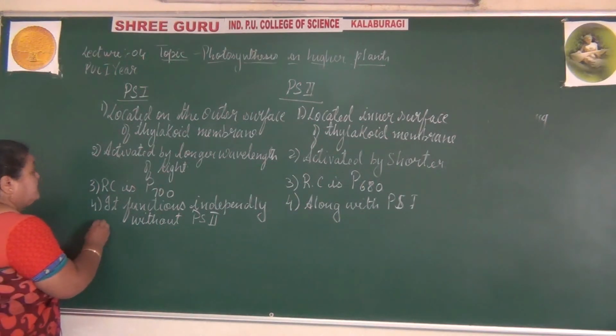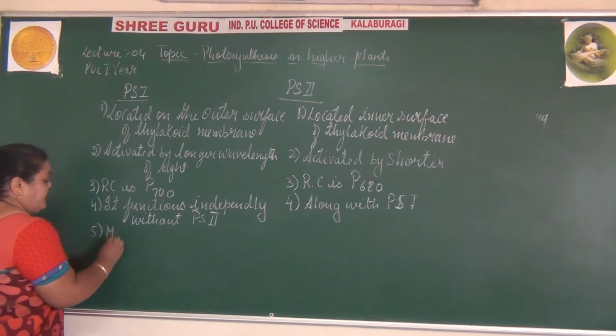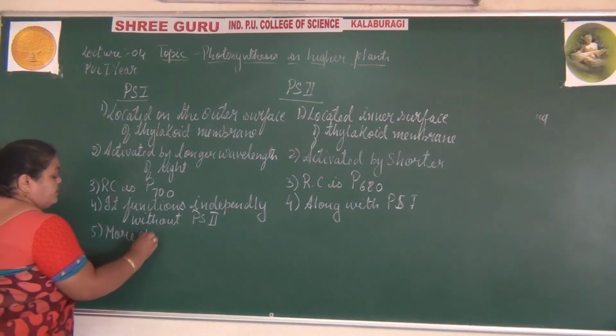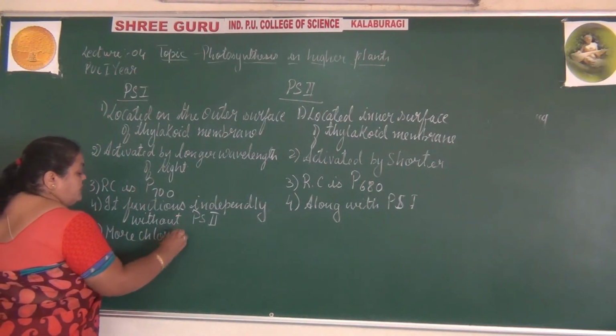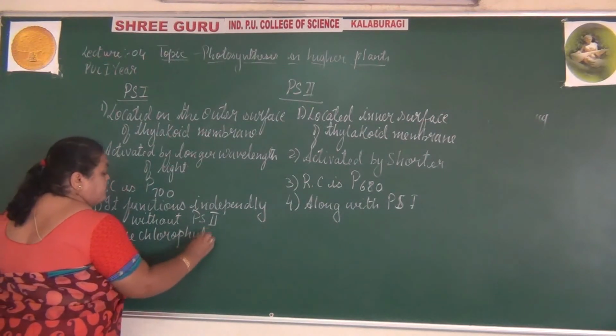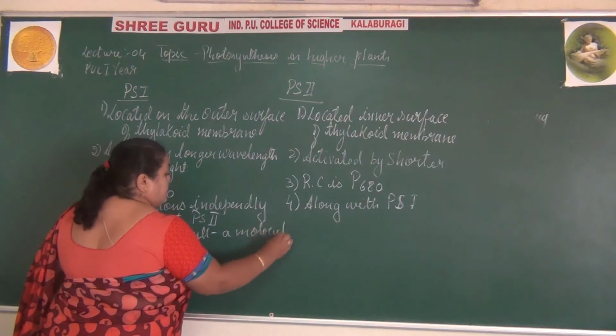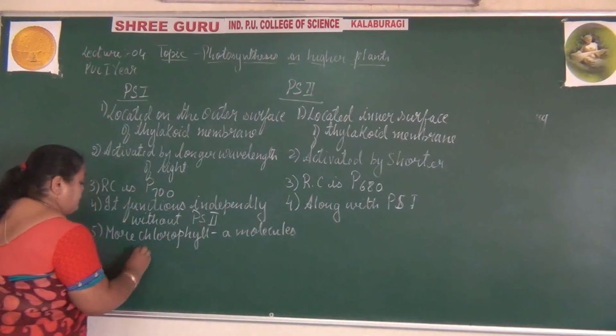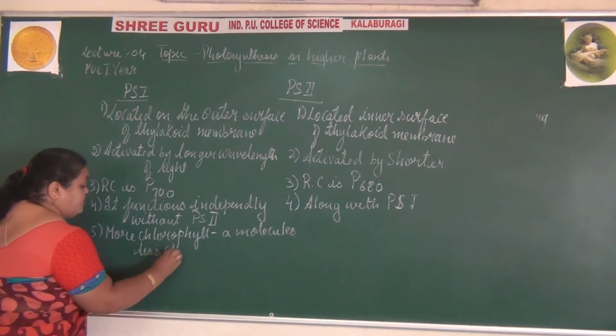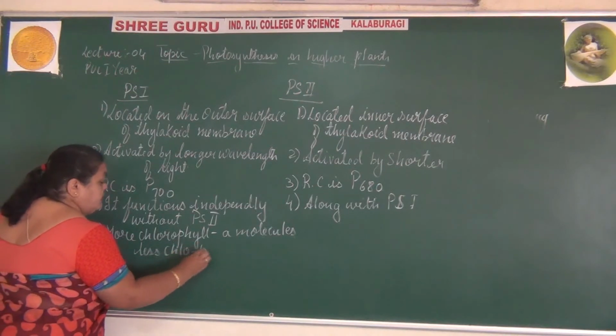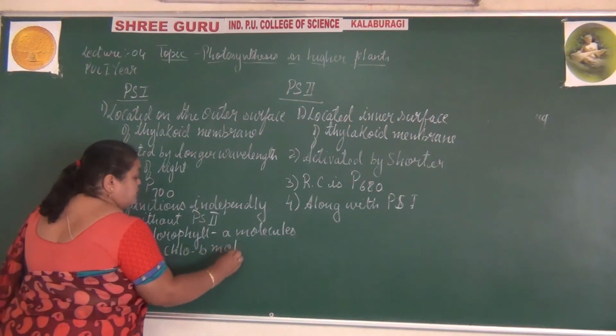And in photosystem 1 there are more chlorophyll A molecules and less chlorophyll B molecules.